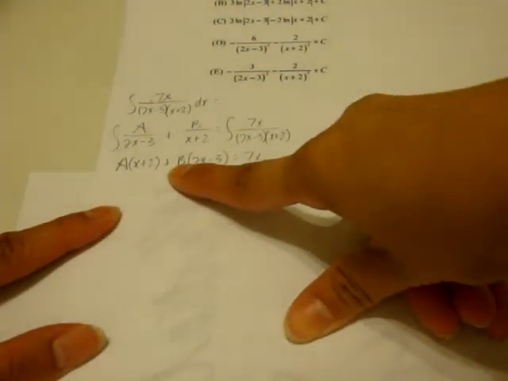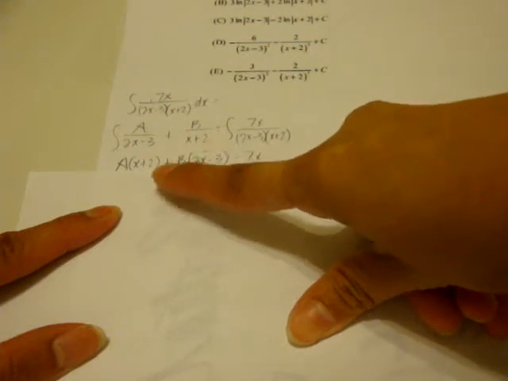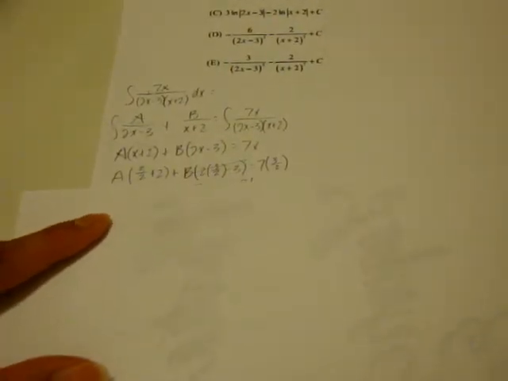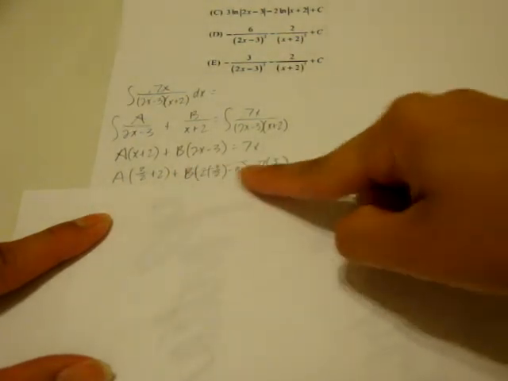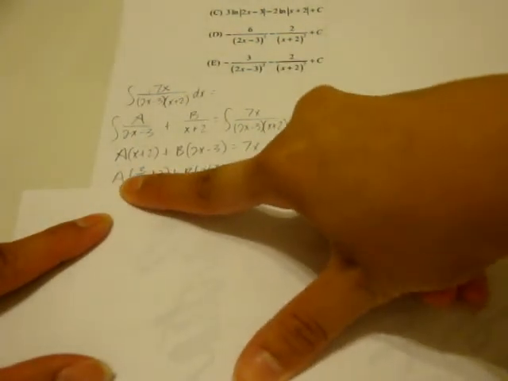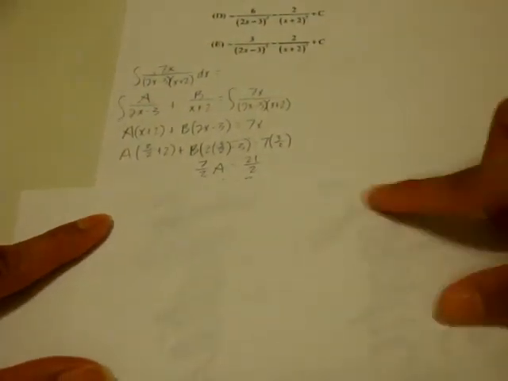Next, we're going to plug in values for x that would make one of the letters equal 0, either A or B. Let's start with B. If we plug in 3 halves for x, B gets multiplied by 0, which makes the B cancel out. However, we still have 7 halves A equals 21, which leaves A to equal 3.